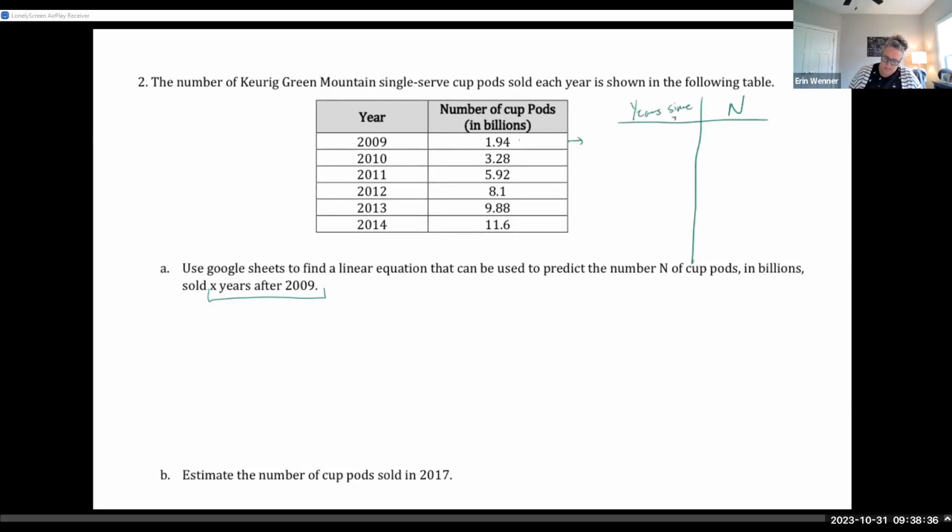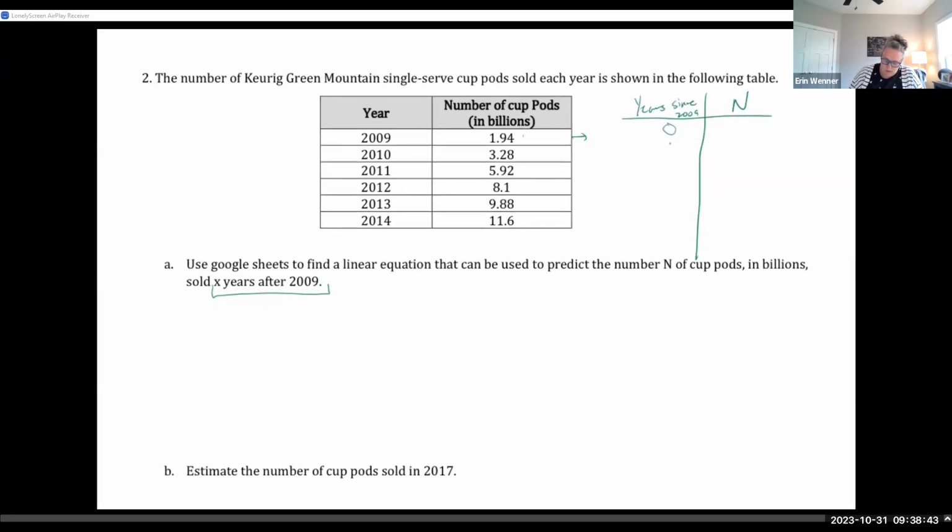So if the year is 2009, that is 0 years since 2009, right? So 2010 is going to be 1, 2011 is 2, 2012 is 3, 2013 is 4, and 2014 is 5. Then n is your number of cup pods in billions. And we can just use those numbers as they are. We don't have to adjust those at all.